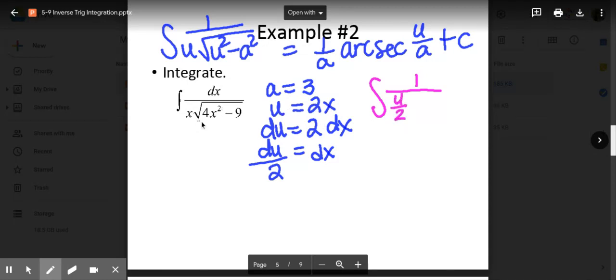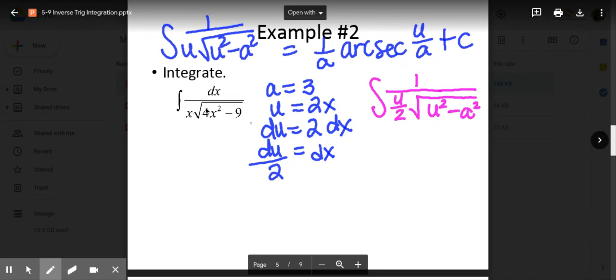And then it's going to be the square root of 4x squared, which is actually my u squared. Because my u was 2x, that'll be 2x quantity squared minus, and then 9 is actually my a squared.